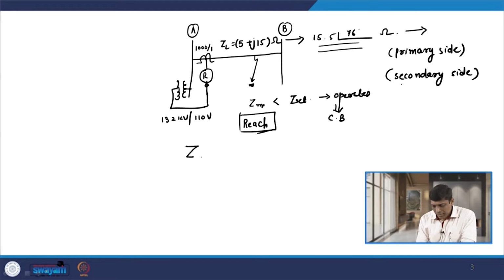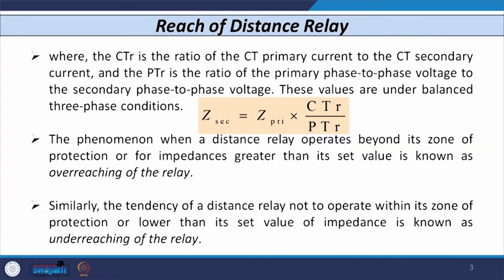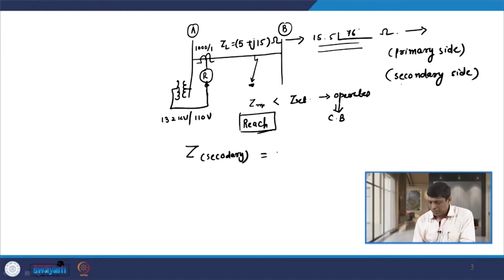The impedance seen by the relay, if I call it Z secondary, is given by Z secondary equals Z primary into the ratio of current transformer and potential transformer. So, here we have Z primary into CT ratio divided by PT ratio.